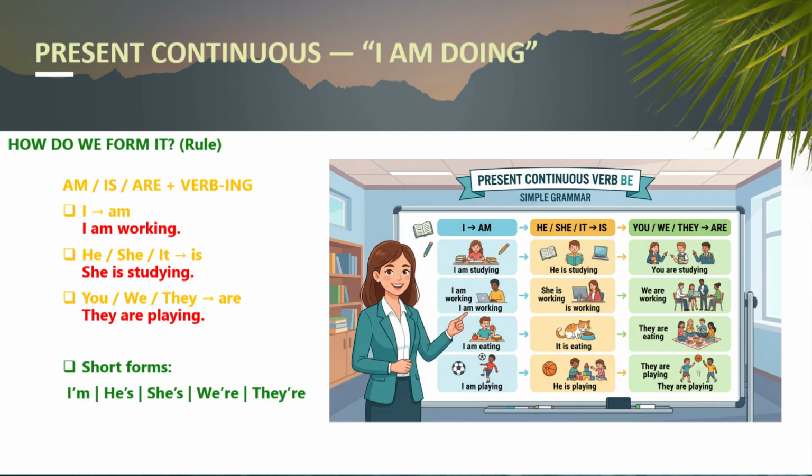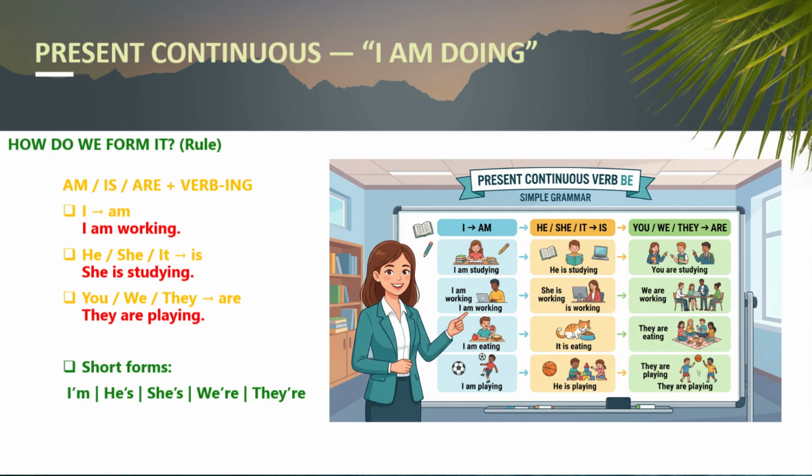With you, we, and they, we use are. For example, you are learning, we are studying, and they are playing. In everyday English, these become you're learning, we're studying, and they're playing.